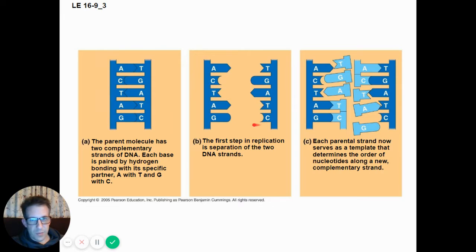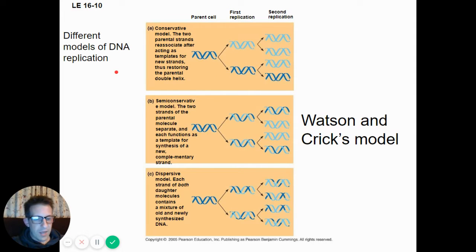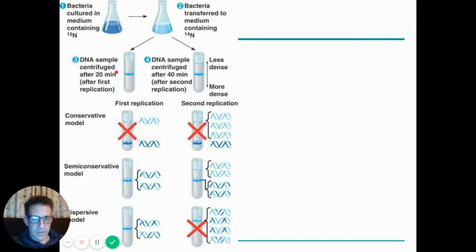What that does is provide two templates, kind of frameworks, for new bases to come in and make new DNA strands. Ultimately, what we get at the end is two DNA strands, there's one, and here's the second one, that are identical to this parent strand. So we have replicated the DNA. Now, this term semi-conservative, these are the slides I'm going to skip right here.